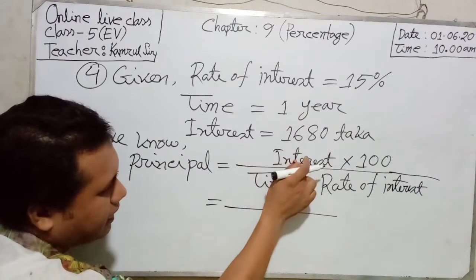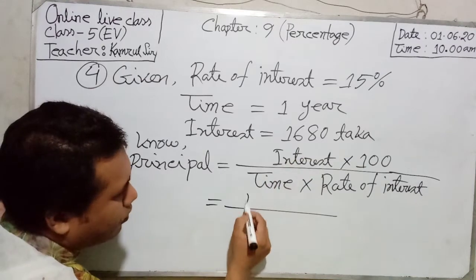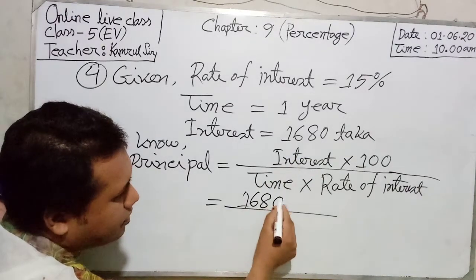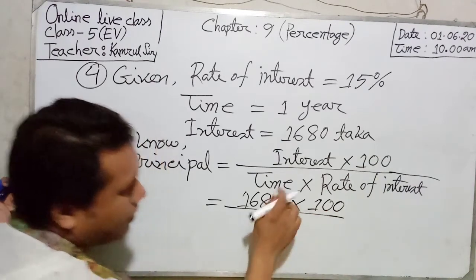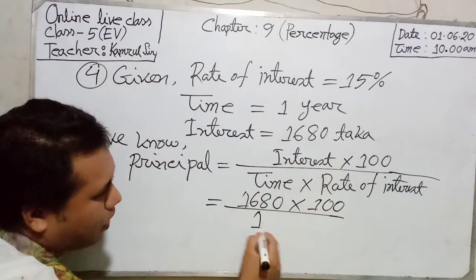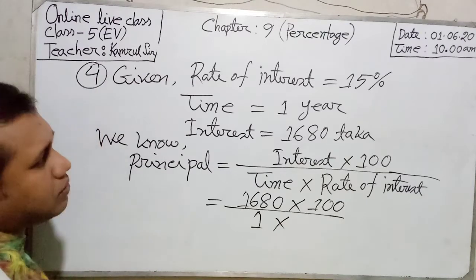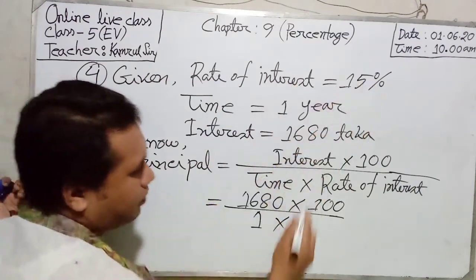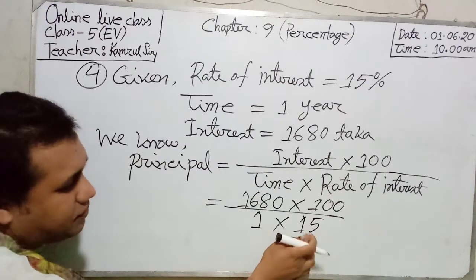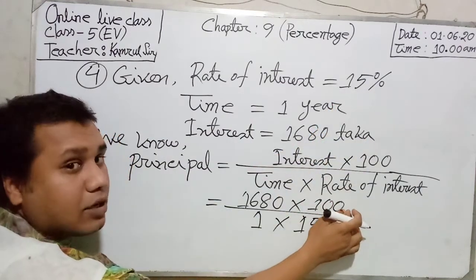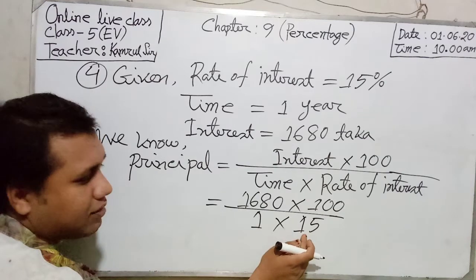Now write interest: for interest you write 1680 into 100. For time you write 1 into rate of interest. You can write just 15, not 15%, because 100 is already used. Now write only 15.